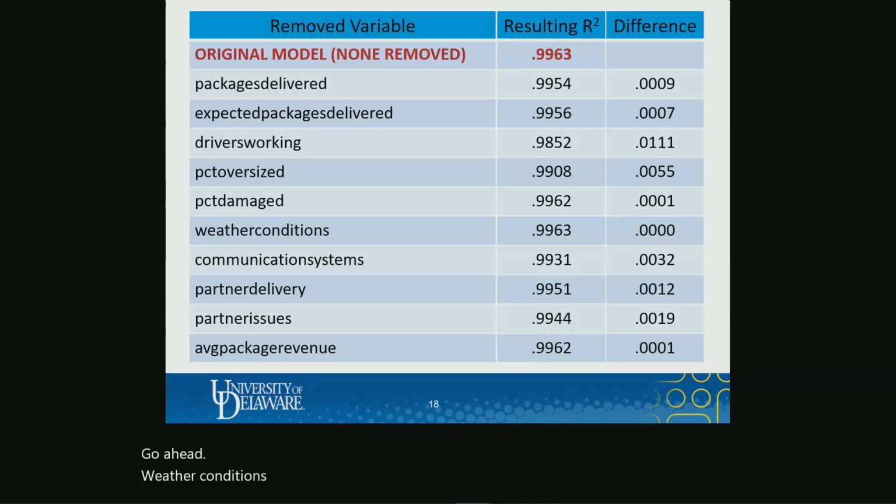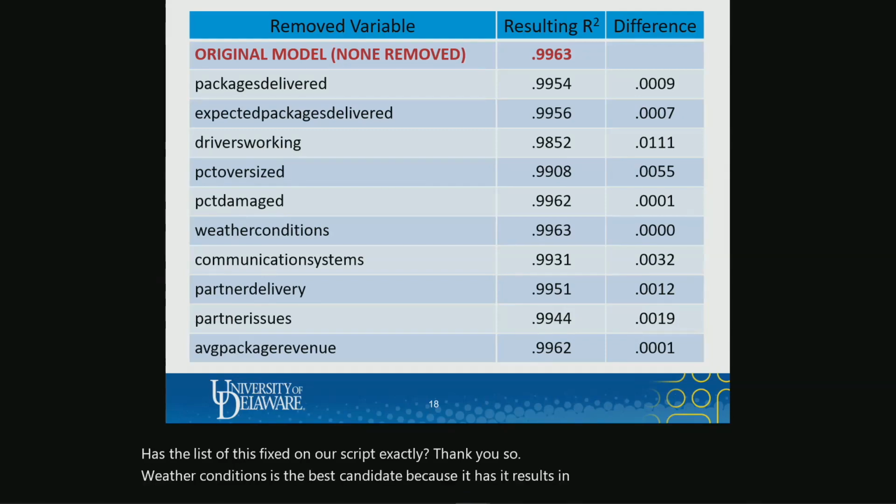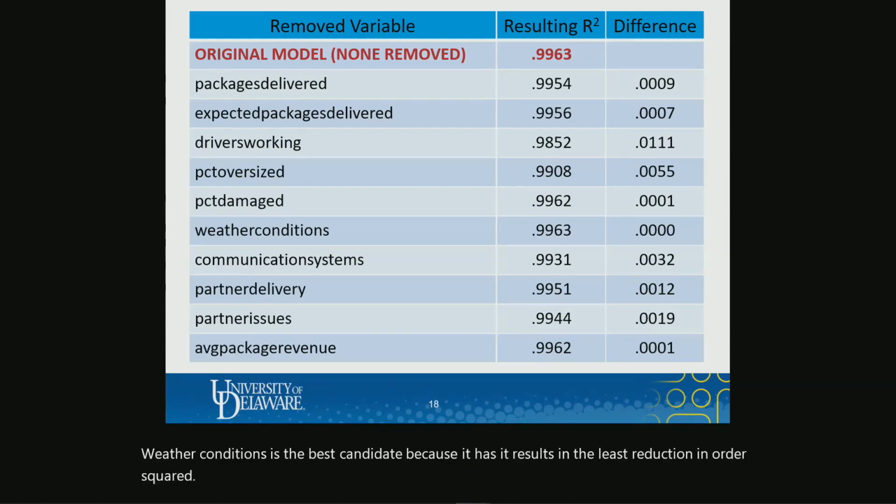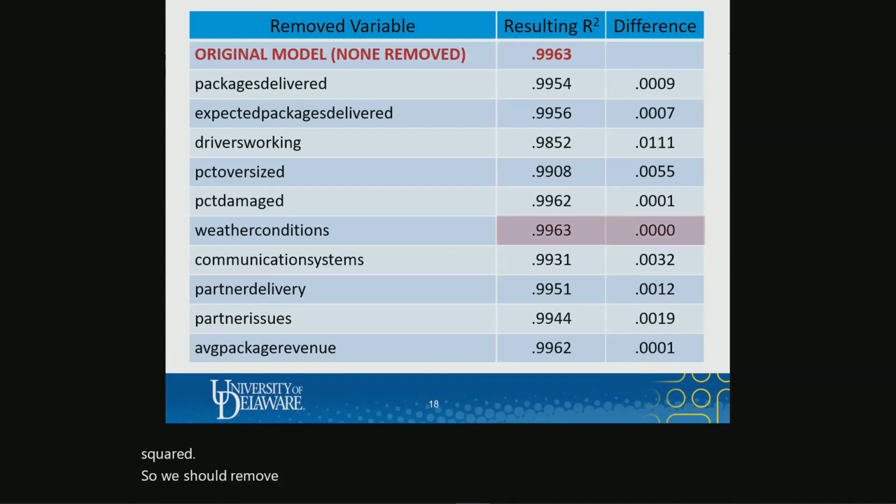Why? Has the least effect on R squared. Exactly. Thank you. So weather conditions is the best candidate because it results in the least reduction in R squared. So we should remove weather conditions. And we lose the least, essentially.